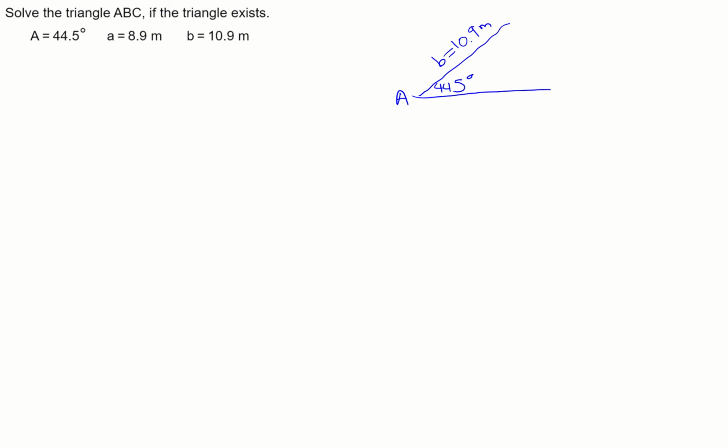If you recall, this is called the SSA scenario, which is also known as the indeterminate case, because depending on the size of this opposite angle, you may either end up with no triangle if this side is not long enough to reach this side here, or you may end up with two possible triangles, one where it can fall this way and the other where it can fall this way.